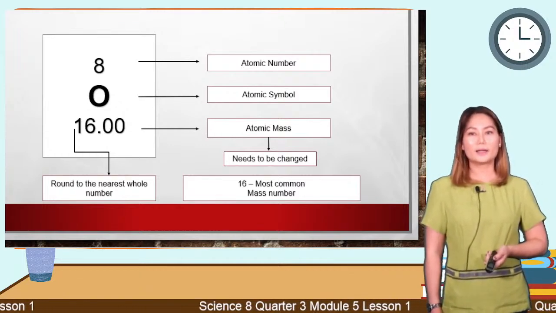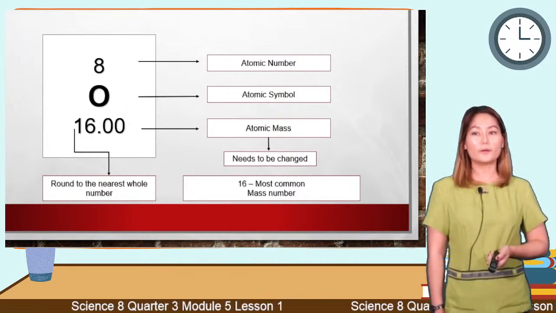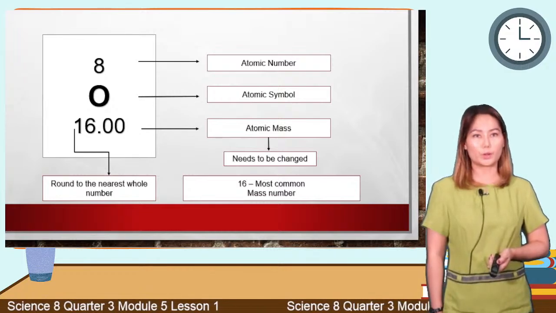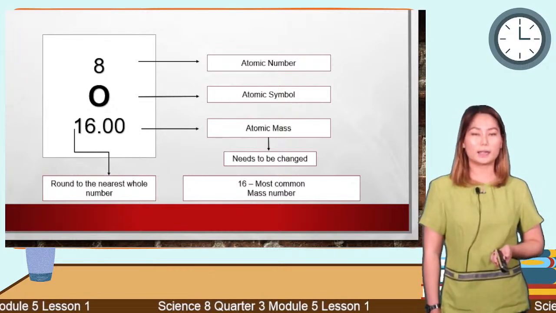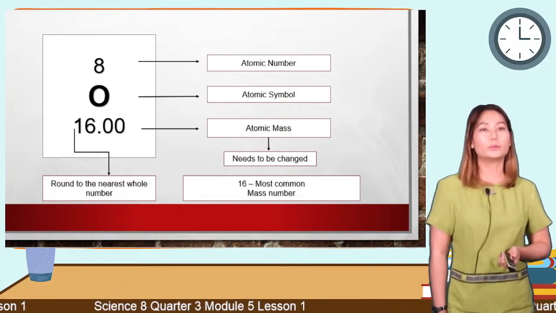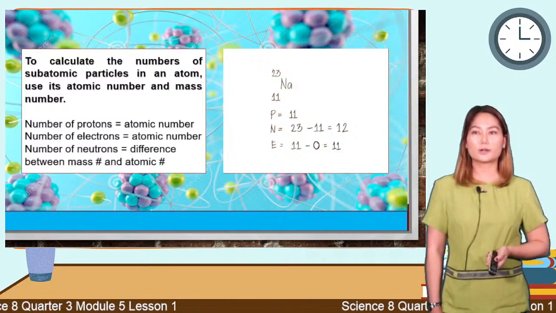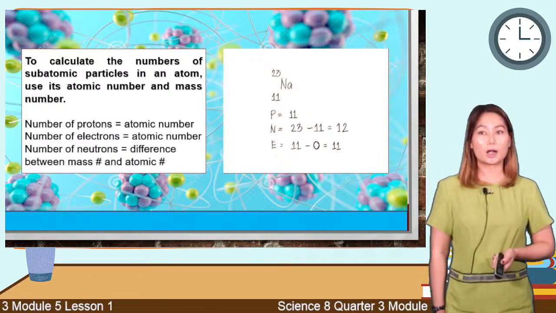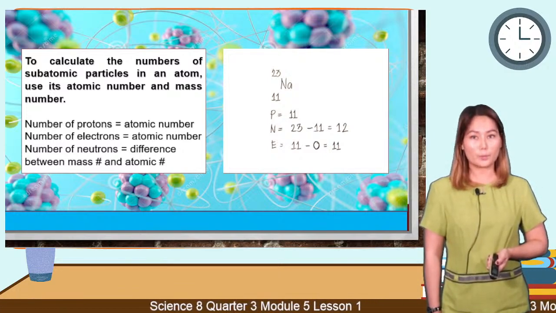Remember that the atomic mass needs to be rounded off to the nearest whole number. So from 16.00 to 16, and that is the most common mass number. To calculate the numbers of subatomic particles in an atom, we use its atomic number and mass number.